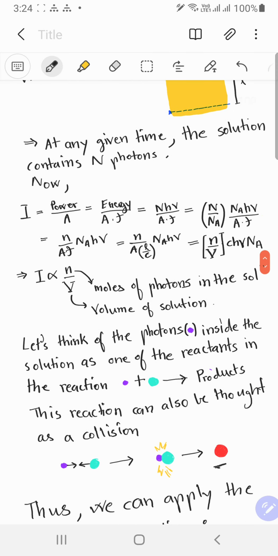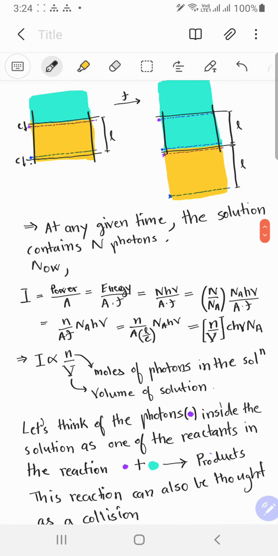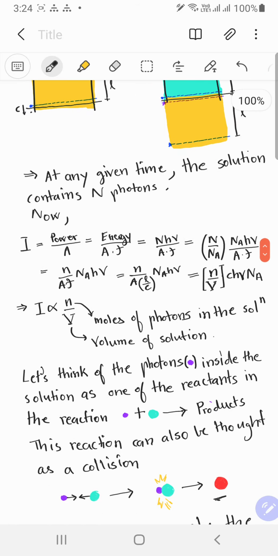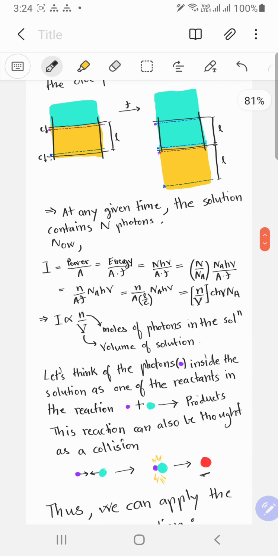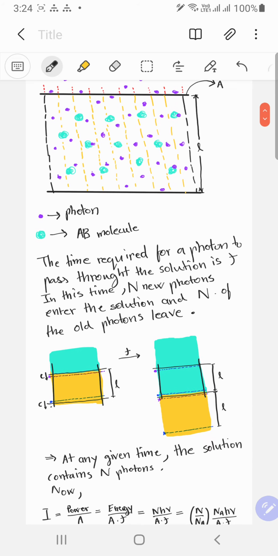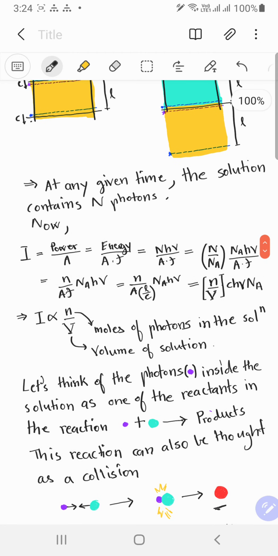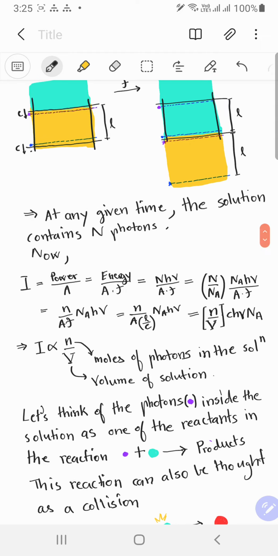Now let's write the equation for the intensity. The intensity is nothing but the power upon area, which is the energy upon the area times time. In this case I have written time as t because that's the only thing we can deal with. So what's the energy that we have imparted on this solution in time t? That will be the number of photons that entered the solution times the energy of each of them, which is h mu.